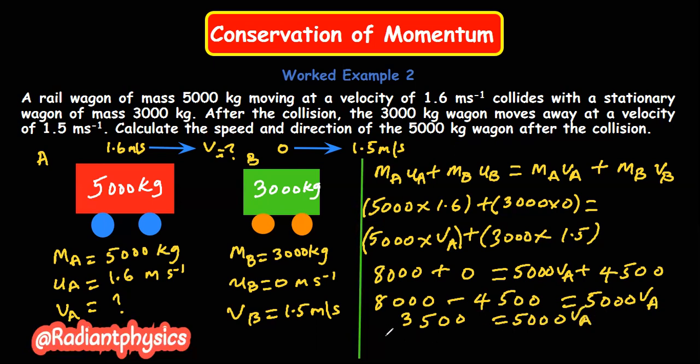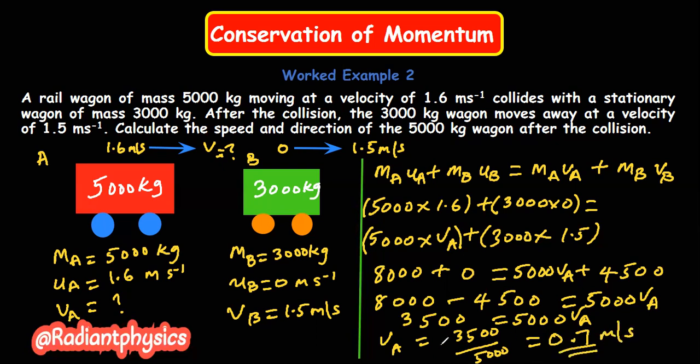So at this junction, we should know what to do. Definitely our VA is going to be 3,500 divided by 5,000. And what do we have? We have 0.7 meter per second.